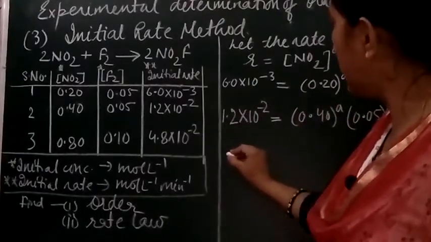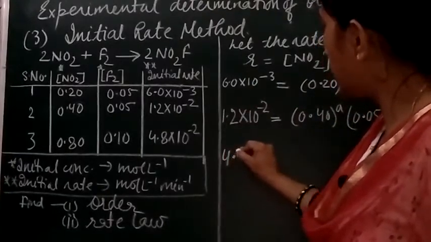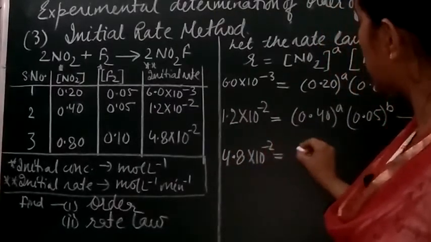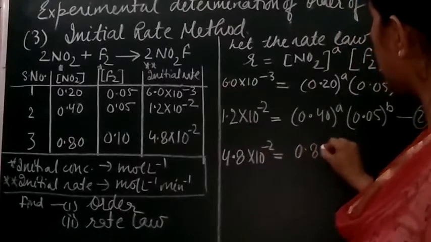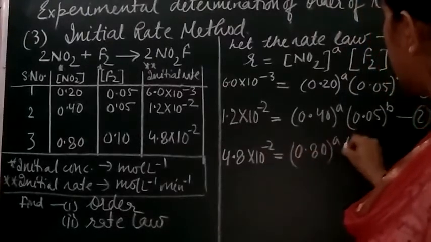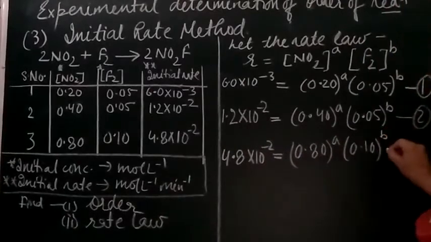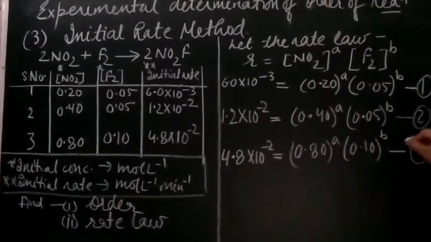Now we will write down the third equation. It is 4.8 into 10 raised to power minus 2 equals k times 0.80 to the power A, times 0.10 to the power B. This is the third equation.